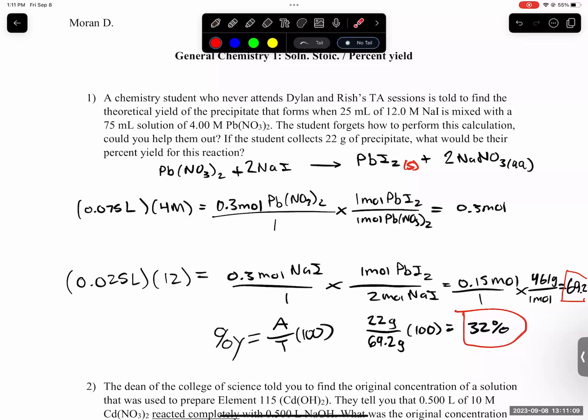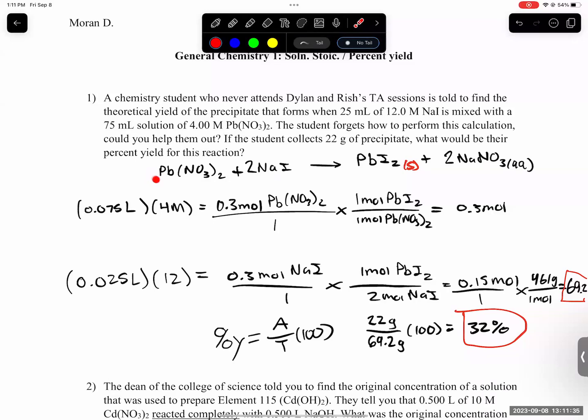Anything that's in the aqueous state or soluble, or ionic, right? So in this case, metals and non-metals are going to make your salts. Sodium's a metal, lead's a metal, nitrate is a polyatomic anion, so that means you have a cation, right? And then you just do your double displacement.